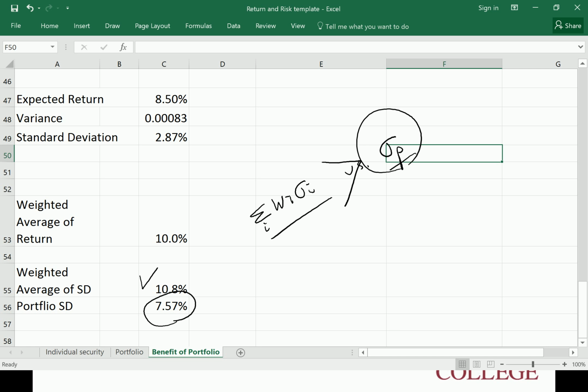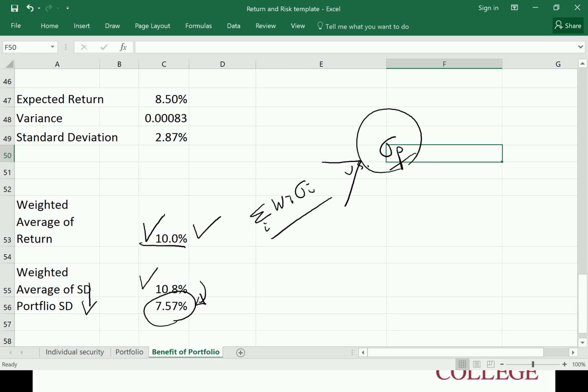The meaning is, we basically find that the return is a weighted average, right? So we don't lose any returns. However, the standard deviation decreases. So it means that with 5 assets, just by combining the 5 assets, we still keep the returns but reduce the risk. That's the benefit of the portfolio.